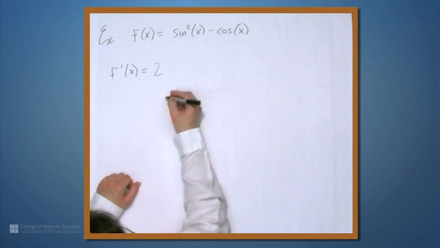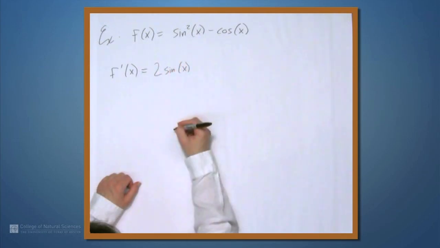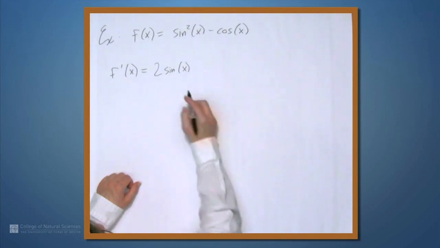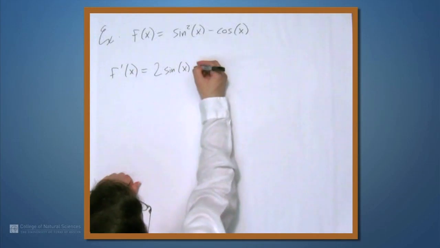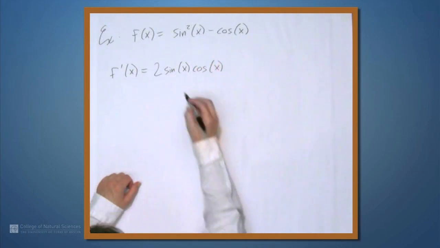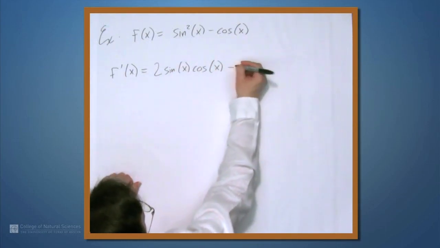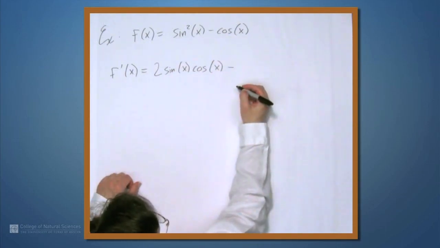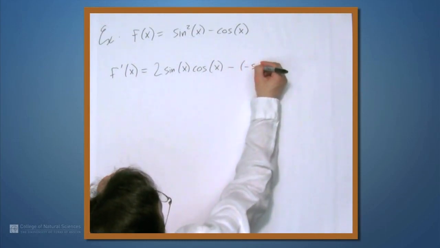So a 2 comes down, and then we have sine x to the first power, so I won't write any 1. And then by the chain rule, we have to multiply by the derivative of sine, which is cosine. So that's the derivative of sine squared x. Then minus the derivative of cosine, which is negative sine.